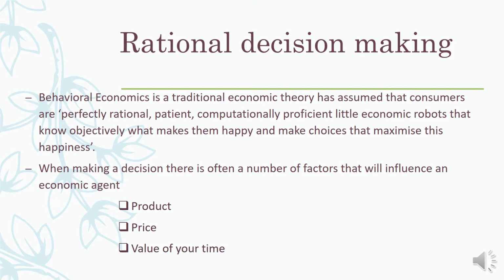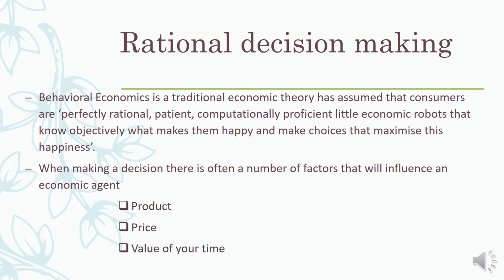So when making a decision, there are often a number of factors that influence an economic agent. For example, in a market, how a consumer or a producer will react is based on the product, the price, and the value of your time. These are the three factors that an economic agent will consider with enough importance when making a decision.